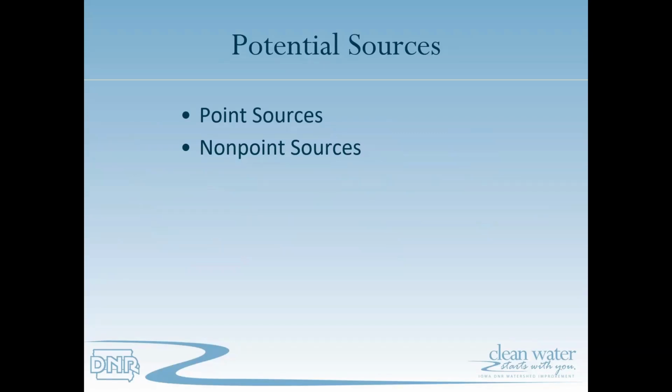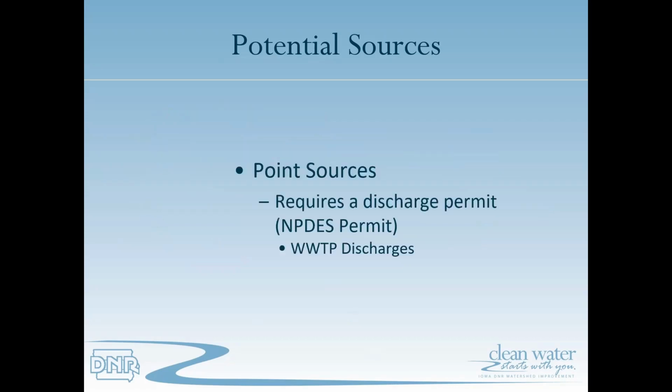Potential sources can be broken up into two separate categories, the point sources and the non-point sources. The point sources are those sources that require a discharge permit. One example would be a public or privately owned wastewater treatment plant.